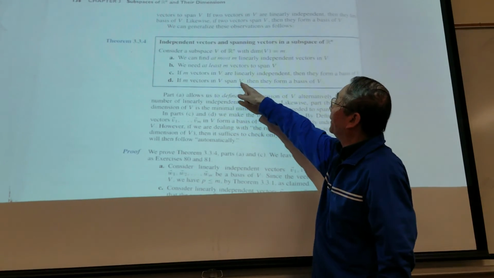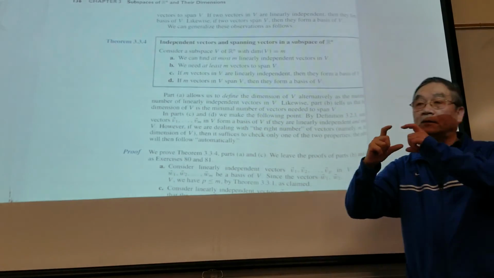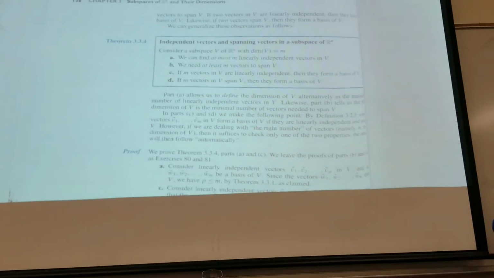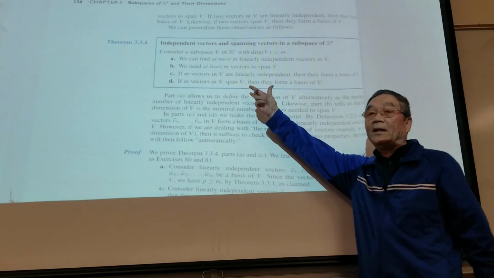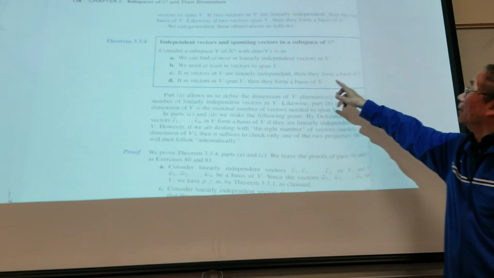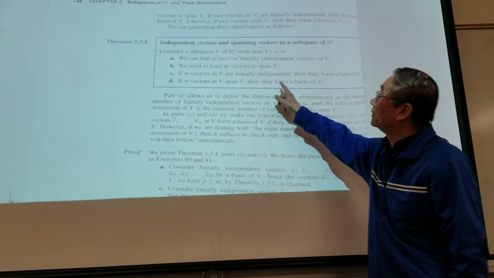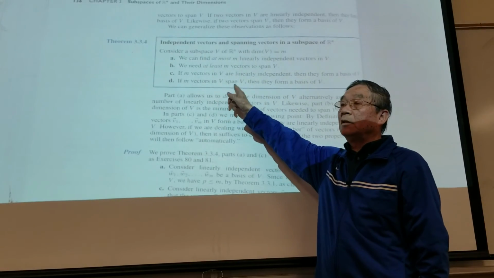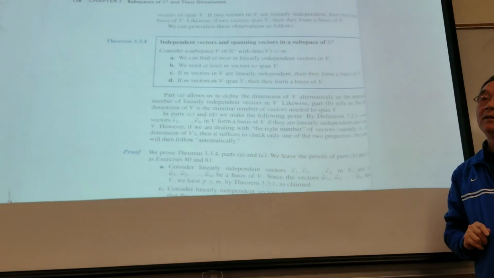Okay, how about the other way? If I already have m vectors, and they span, then what can we say about these m vectors? They form a basis as well. Why? Because these m vectors must be linearly independent.